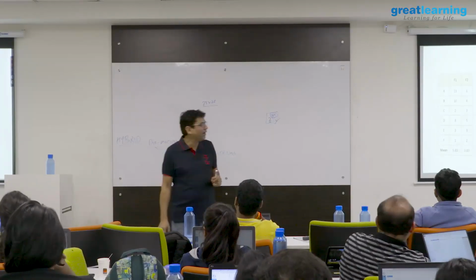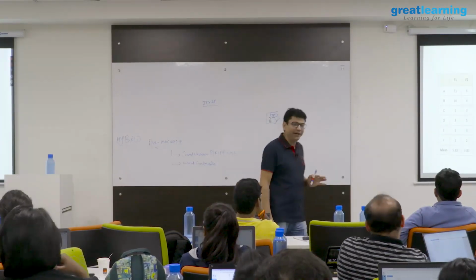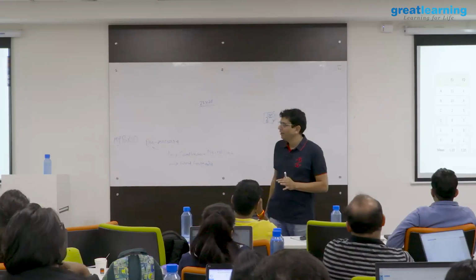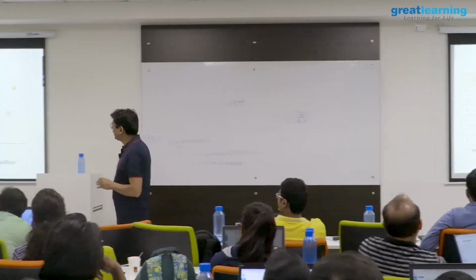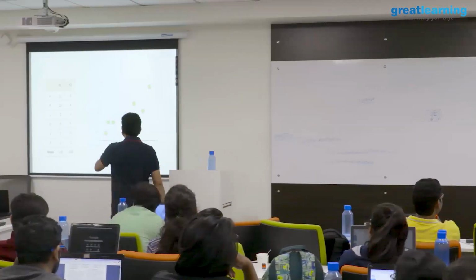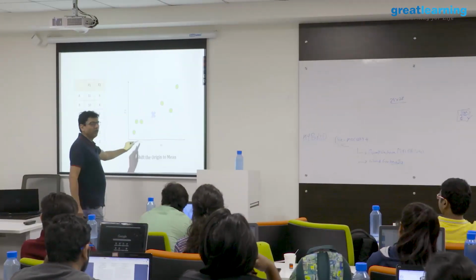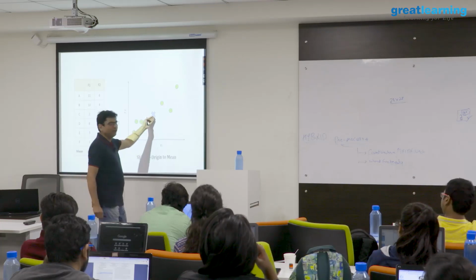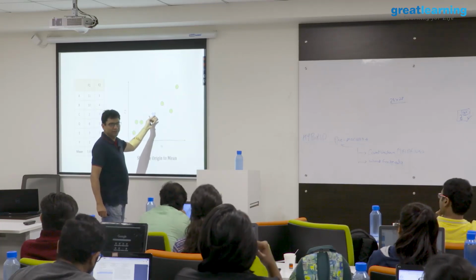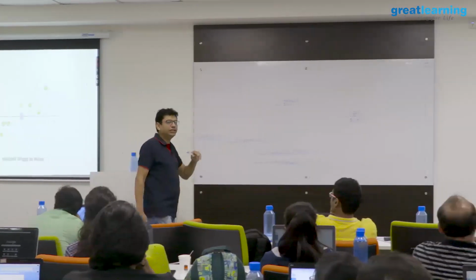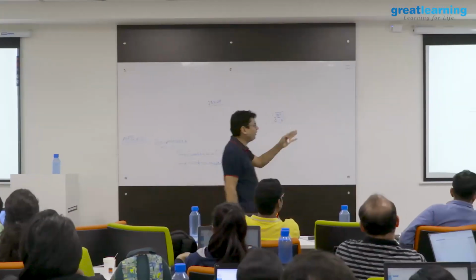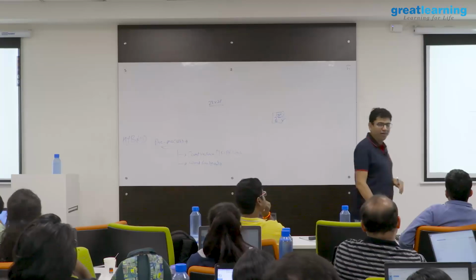That X is nothing but the 5.83 and 3.83 values. Then we shift the origin, which is 0, 0, to X. The X becomes our origin now, and the points move.